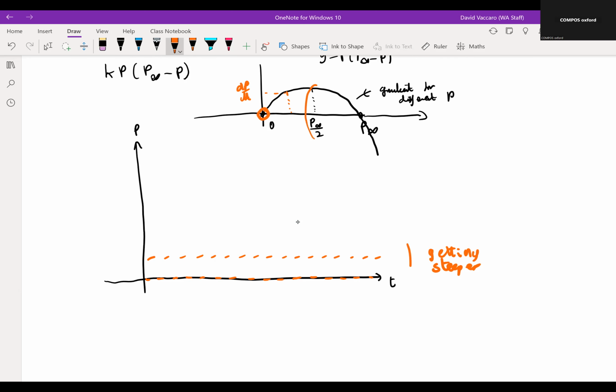At P infinity over 2, we have the steepest gradient of all, because dP/dt is biggest. And then as the population increases past P infinity over 2, it becomes less steep again.